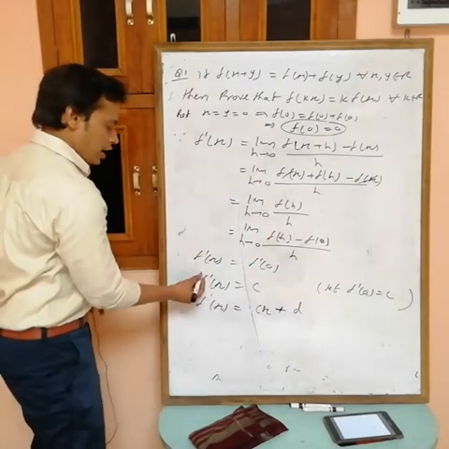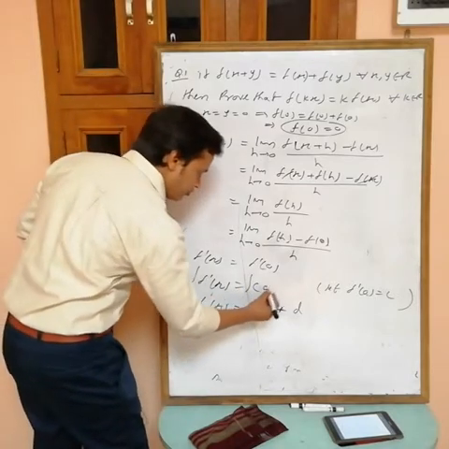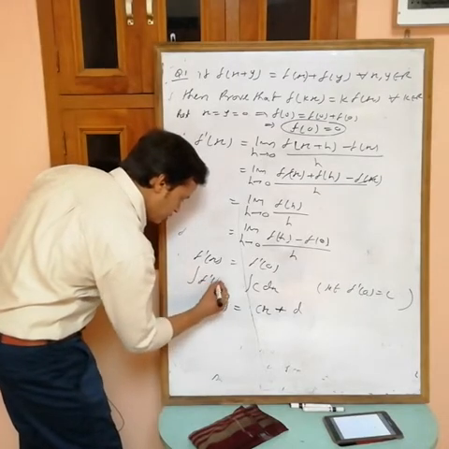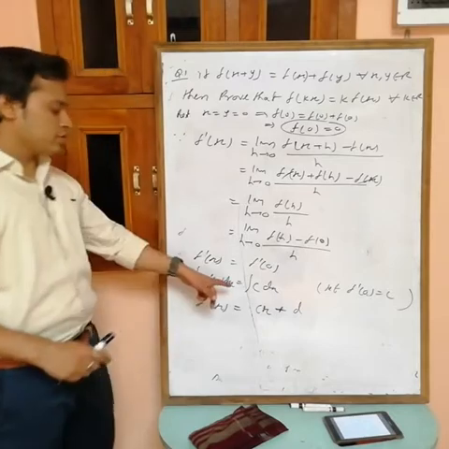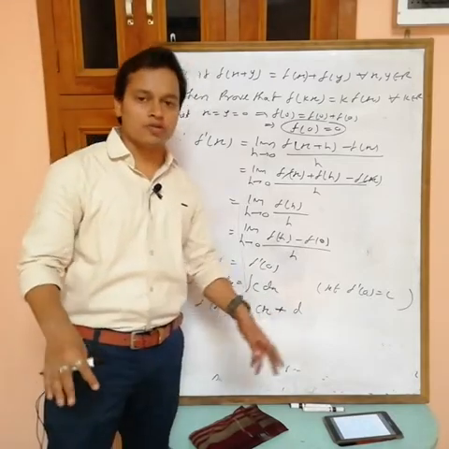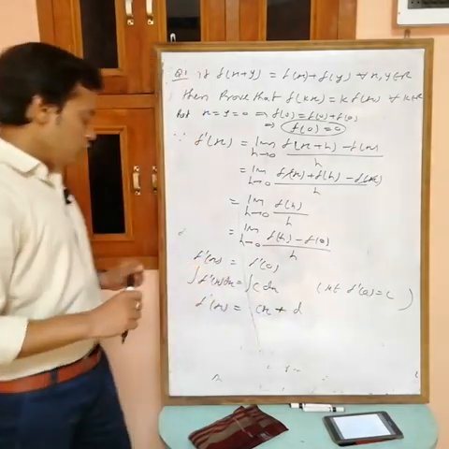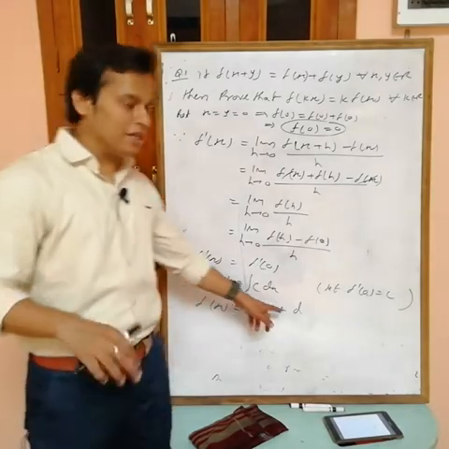Here I am integrating with respect to x. This is f'(x). So integration of c is cx plus any constant, but here we already have c, so I am taking d. Now this is the value of f(x). c is any constant, d is the integration constant.